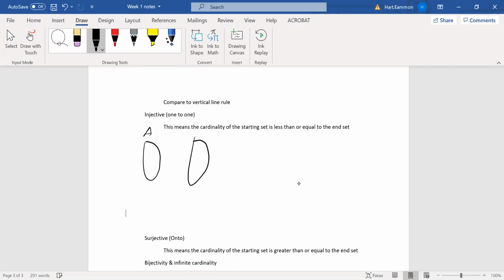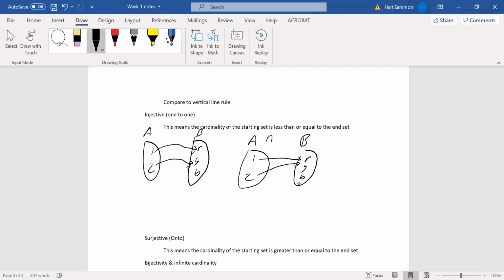So if we've got A, B, 1, 2, R, G, B, this guy is injective because they do not map to the same element. But this guy is not injective.